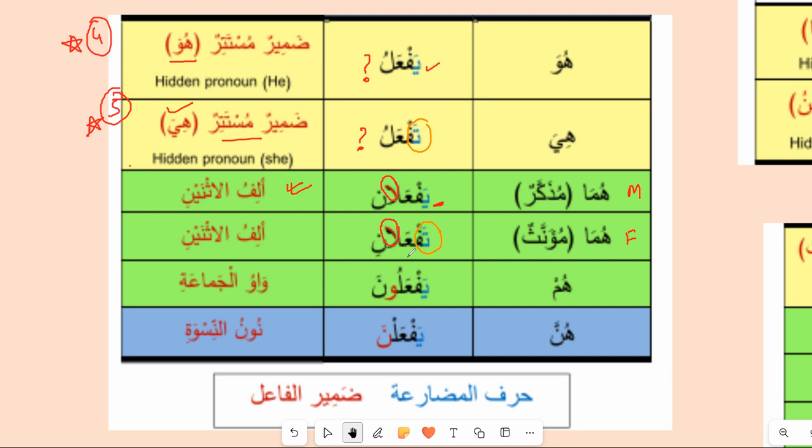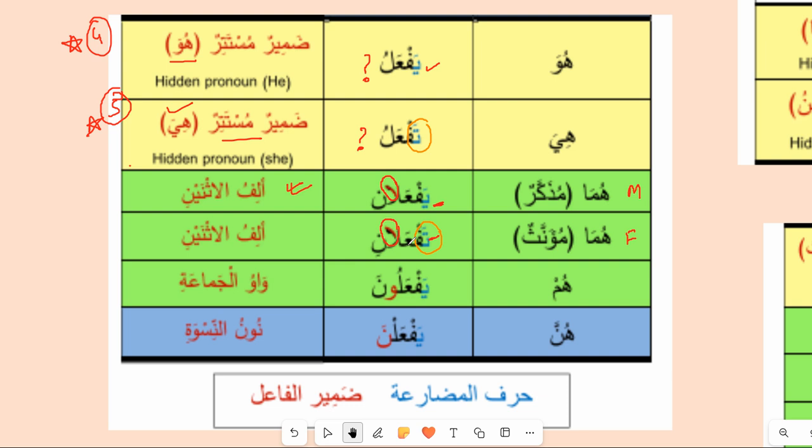So in this for the huma muannath, we have two things telling us: the ta for the feminine dual in the ghayab, and the aliful muthanna showing you two people. One may say this looks very similar to the one in the mukhatib.